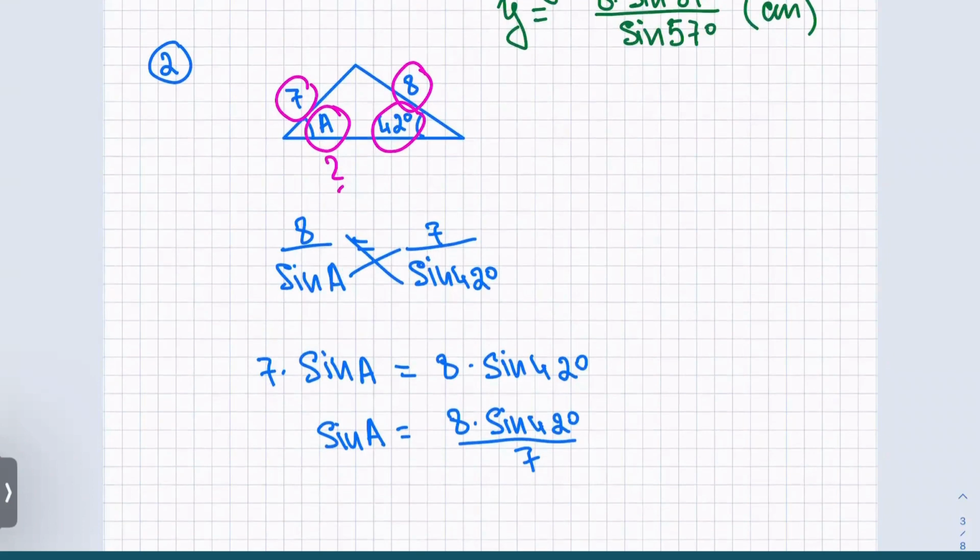So how do we solve it? Now we have to solve for a. So to find a, we just need to take the inverse of sine, which is arcsine, and we have to take it to both sides, left and right. So we will get that the inverse of sine a will give us just a, and then here we will get arcsine of this expression, dear students.